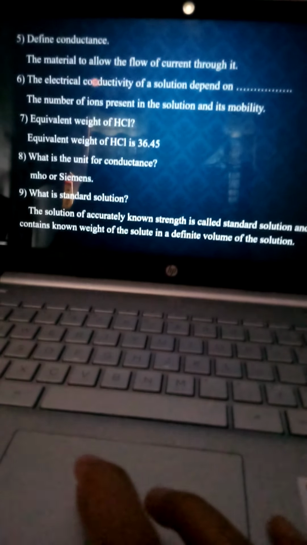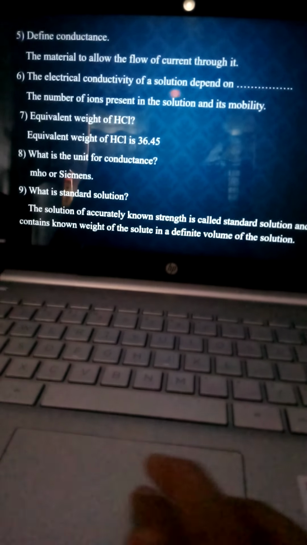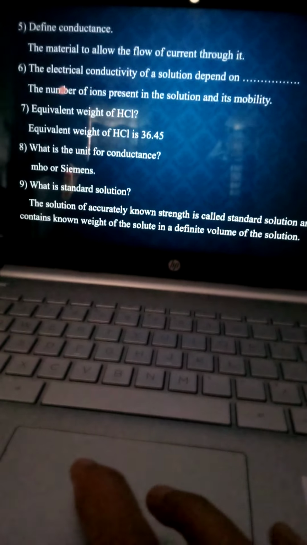The electrical conductivity of a solution depends on two factors. One is the number of ions present in the solution, and another is the mobility of the ions. Once again, the electrical conductivity of a solution depends on the number of ions present and the mobility of the ions.